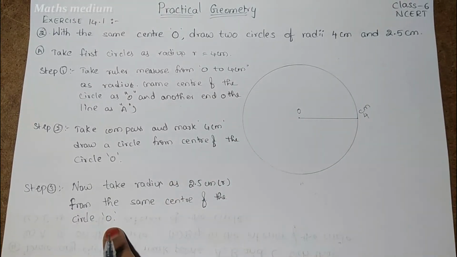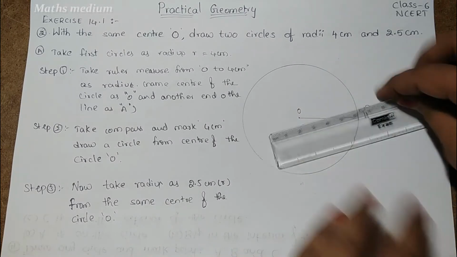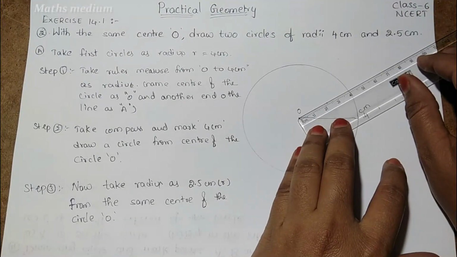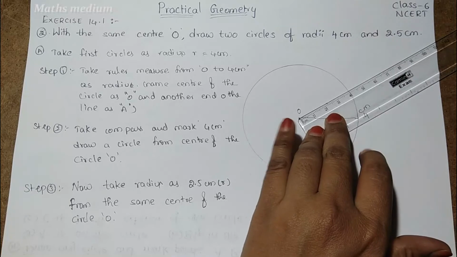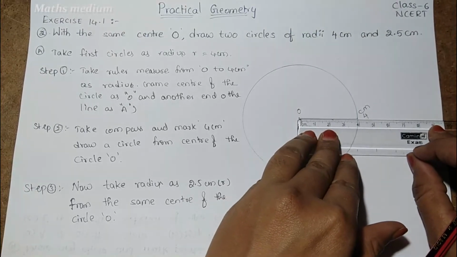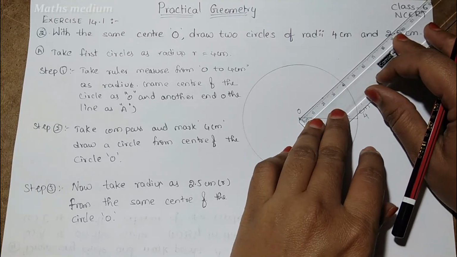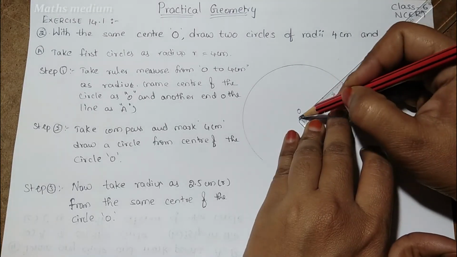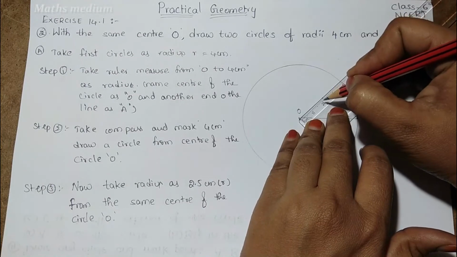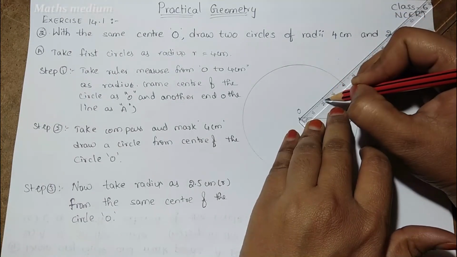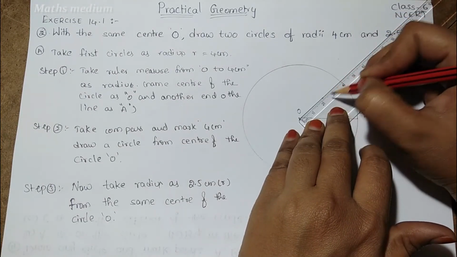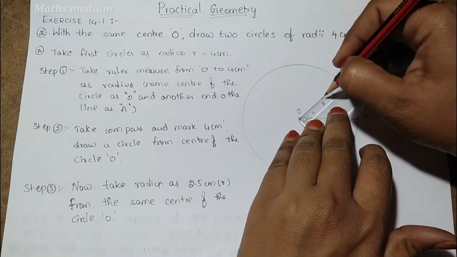So this is the first step, right? So take the scale again and now from this same center of the circle I am drawing like this. If I put it here, you get confused. That's why, just for clarification purposes, I am drawing like this. So this is as usual 0 and now 2.5 centimeters. This is 2, 2.1, 2.2, 2.3, 2.4 and this is 2.5.